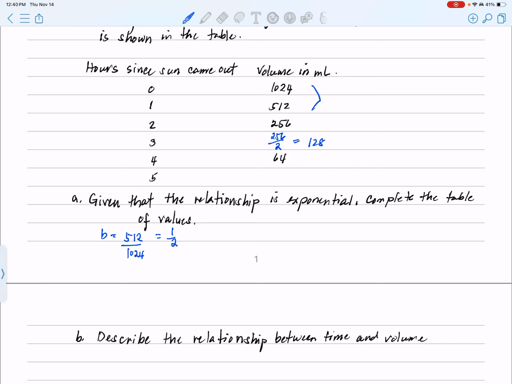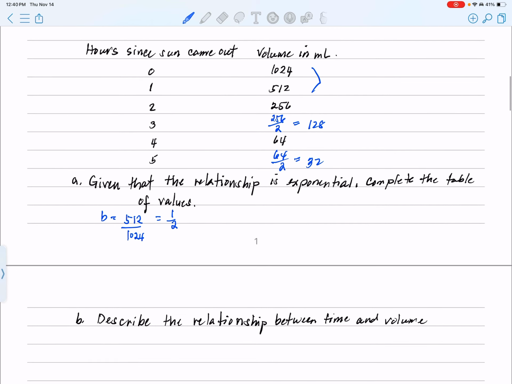And also for 5 hours, that would be 64 over 2, which equals 32. So the exponential function is an example of one that decreases over time.